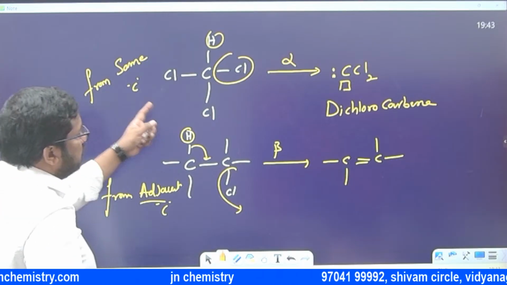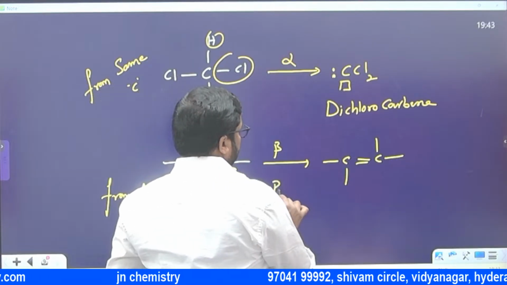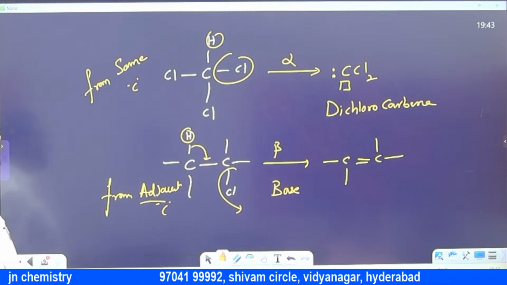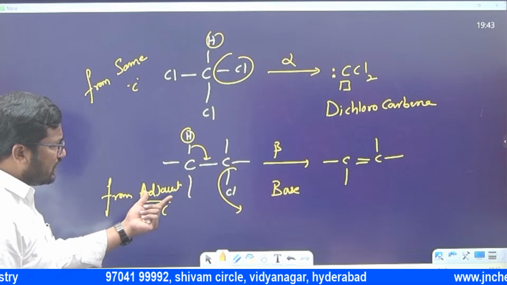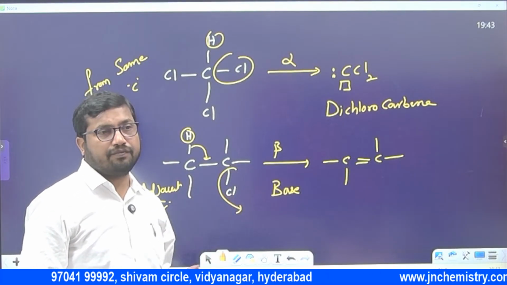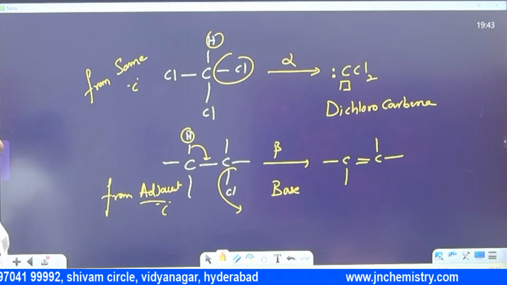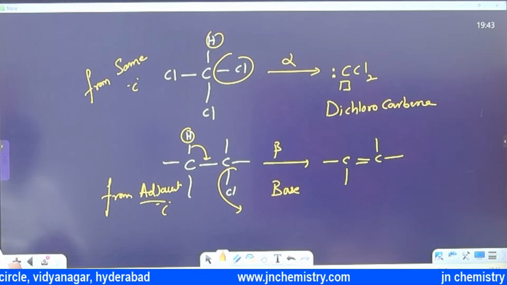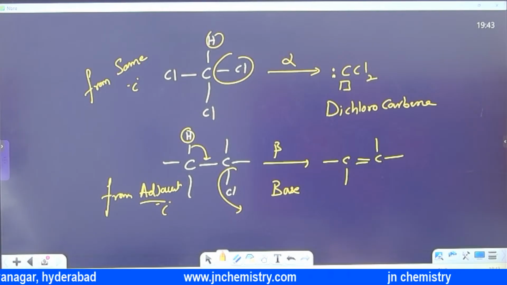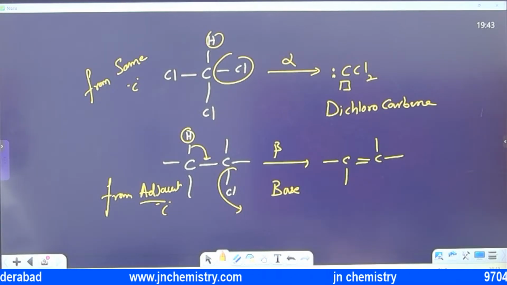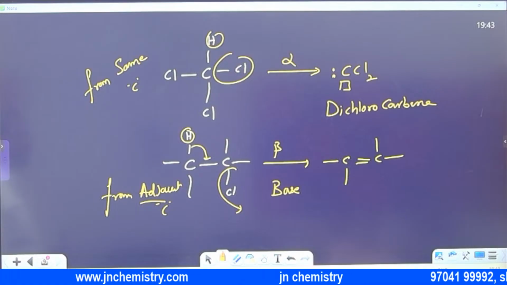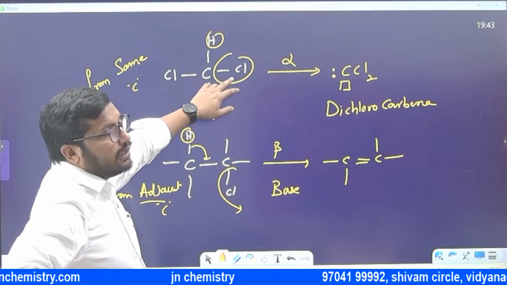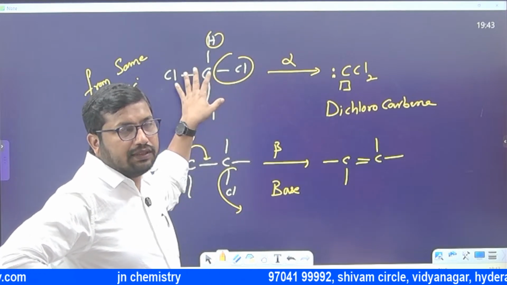Of course, in both cases we are using base. Base will abstract this H plus and Cl minus goes out. Not only Cl here, we can take any leaving group. This chloroform we are using in the Reimer-Tiemann reaction.